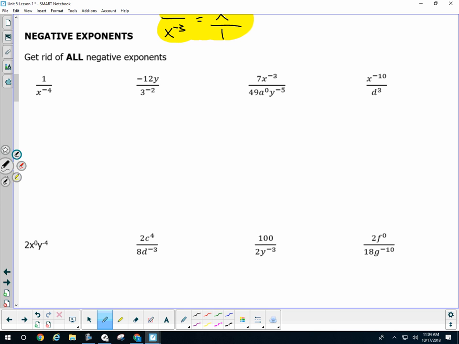With your neighbors, confirm how you can get rid of that negative exponent. You just put it on top. And when you put it on top, what do you have to change? Makes the negative exponent positive. That's it.